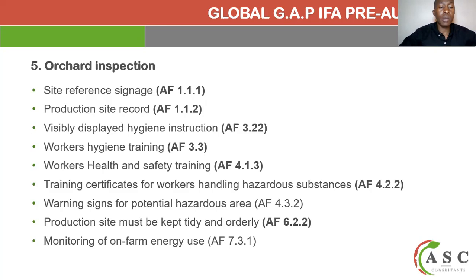We also have to consider monitoring of on-farm energy use. This can be produced in the form of a municipal receipt of energy consumption. So your water and lights receipt from your municipality can be used as proof, because the main aim here is to keep an inventory of our energy consumption, and also try to use implements as well as equipment that consumes less energy.